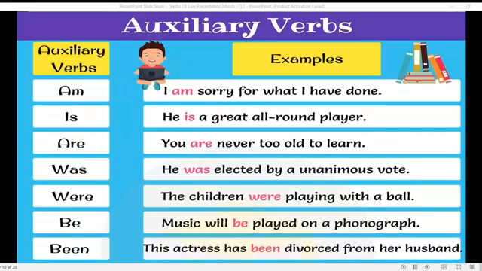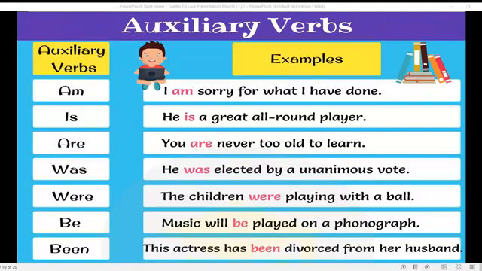So we have were followed by playing. It is clearly explained that if the subject or the event had already happened, we can use were. We have also used been.